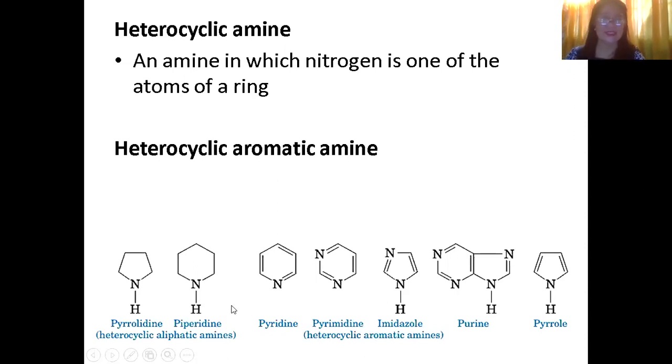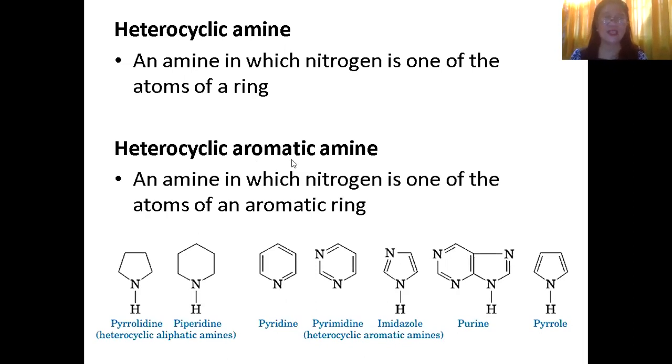What is the significance of this heterocyclic aromatic amine? Who are the bio people here? These are the nitrogenous bases for the DNA. That is the pyrimidine, the purine, and the pyridine. Okay. It's fine, you will get it in biochemistry.